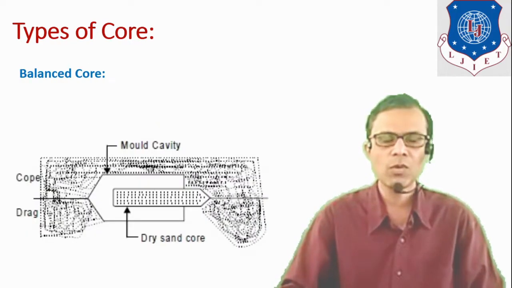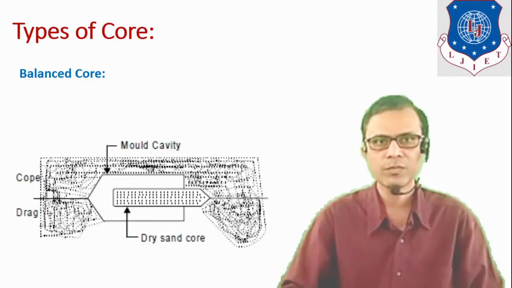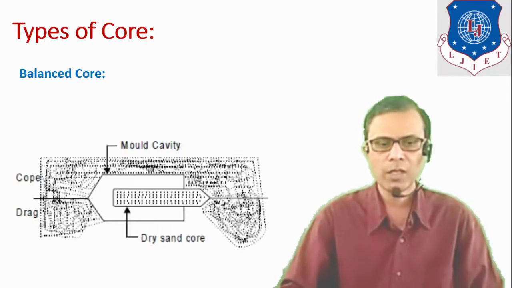The next type of core is the balanced core. The balanced core is shown in this diagram. It is also placed horizontally, but the difference between the horizontal core and the balanced core is that a balanced core can be used to produce a blind hole.